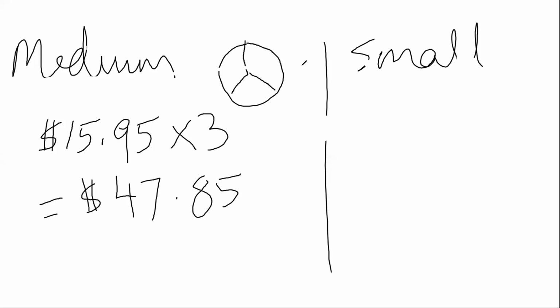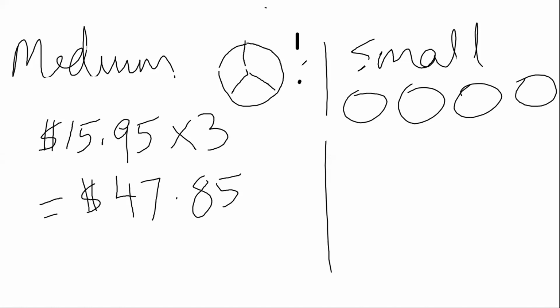Right. And now the cost of a small pizza is $12.95, and we had to find 4. So 1, 2, 3, 4, and each is worth $12.95. Where did you get 4 from? Because it's 4 small pizzas.